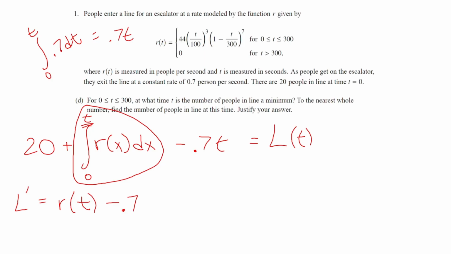So we can be at a minimum, or we would be at a maximum here, when r of t minus 0.7 is equal to 0. We're going to need to figure out when that's true. So what we'll do is graph r of t minus 0.7 and look for its x-intercept. We'll do that on our graphing calculator here.